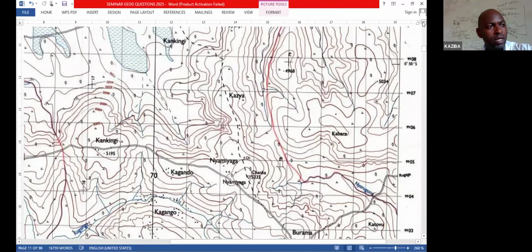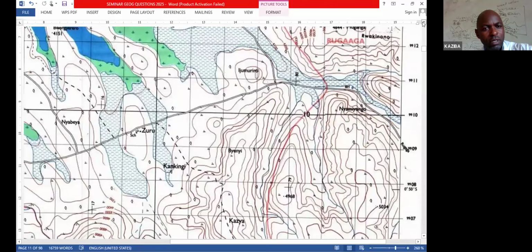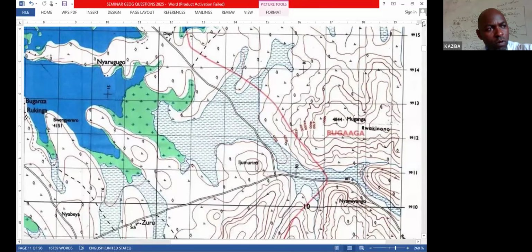Let's go back. Okay, there. Are you seeing those dotted things which are blue? That's now our seasonal swamps. So you say seasonal swamps around this place are found on a lowland. Are you following? You send me a message if you're following.